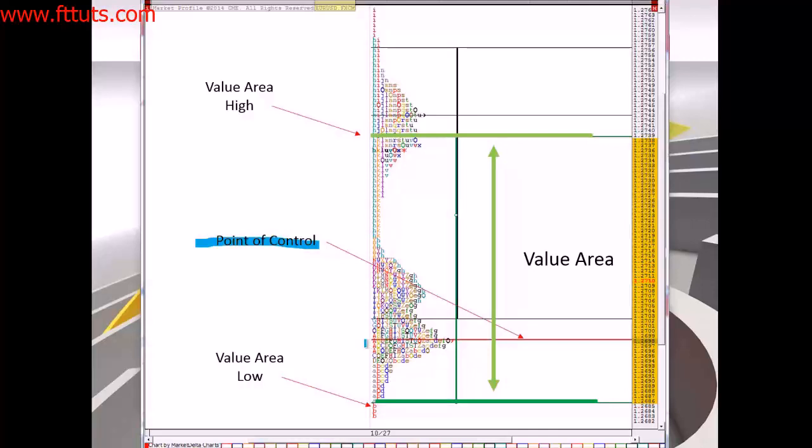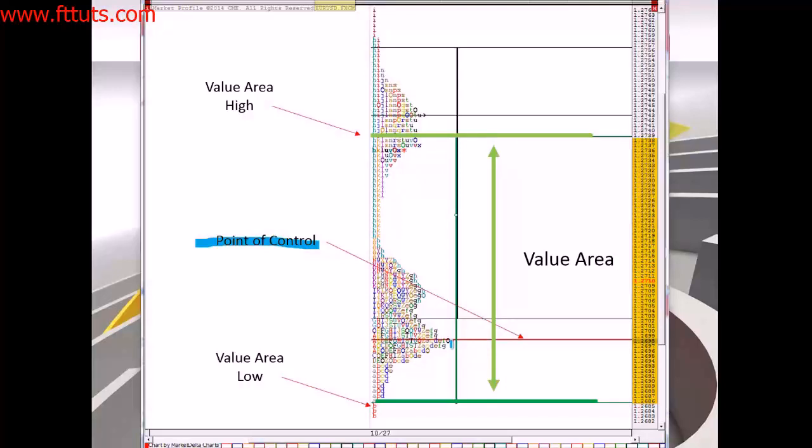So when you see 19 TPOs at a particular price, know that that means that price was visited during 19 different 30-minute periods. Now, if this was a 1 hour, 60-minute chart, the number of TPOs will vary because it will just depend on how many of those 60-minute periods ended up touching this same price level. But for the 30-minute profile, we have 19.